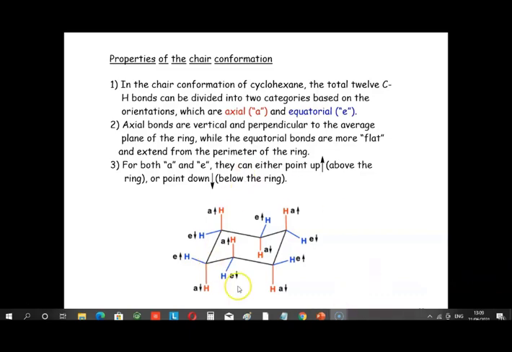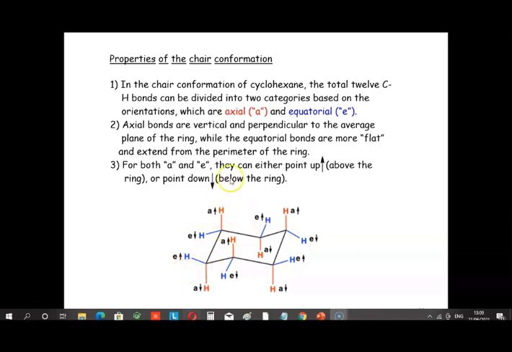There are a total of 6 carbon atoms. Each carbon atom is associated with 2 hydrogen atoms. Of these 2 hydrogen atoms, one is axial and one is equatorial. If we observe, in all the carbons we can see one axial hydrogen and one equatorial hydrogen.